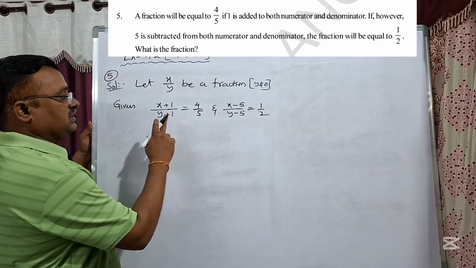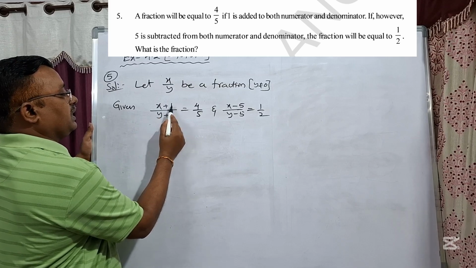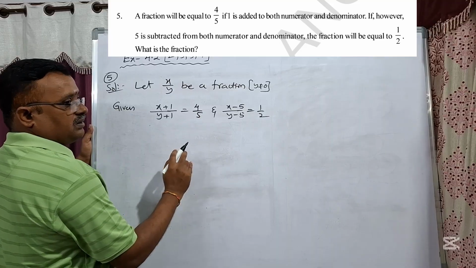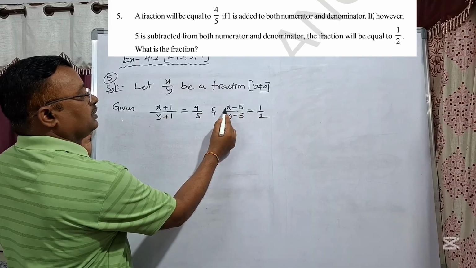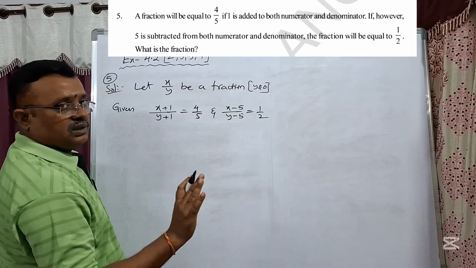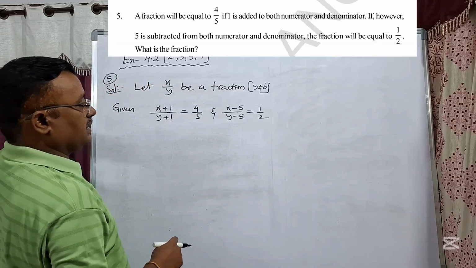Okay? So once again I am explaining. If 1 is added to both numerator and denominator, the fraction equals 4 by 5. However, if 5 is subtracted from numerator and denominator, the fraction will be equal to 1 by 2. Then what is that fraction? Means what is the x value and y value, numerator and denominator.